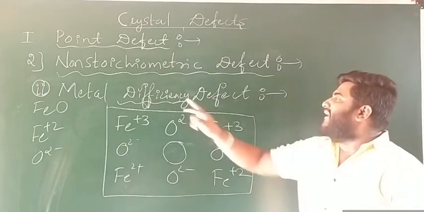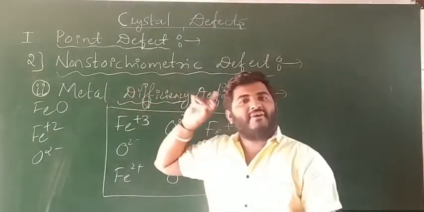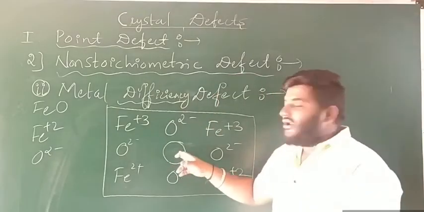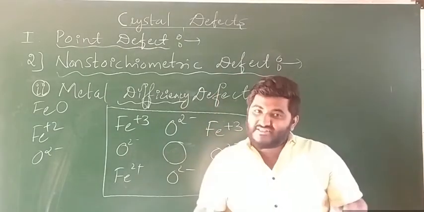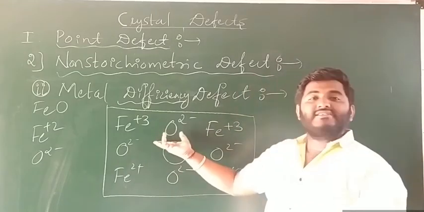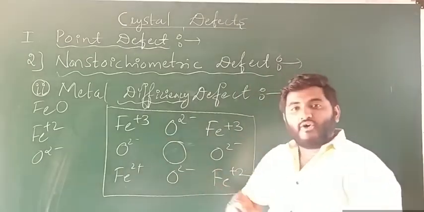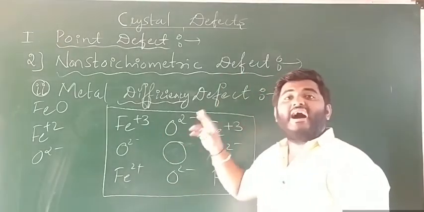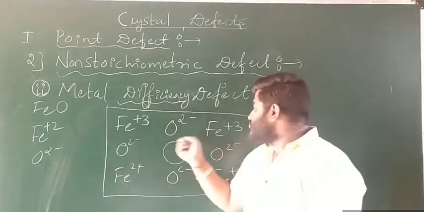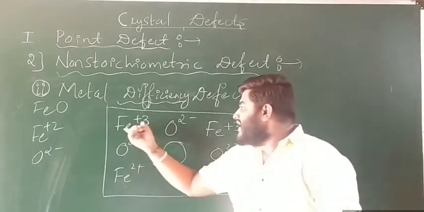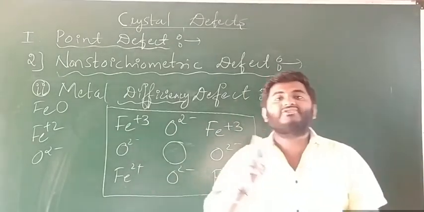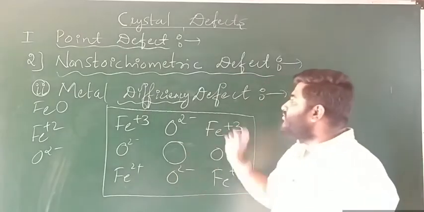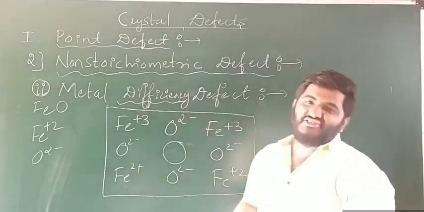So metal deficiency defect is a non-stoichiometric defect in which metals of lower valency are missing, and the missing charge is maintained by metals converting into the higher valency. So Fe2+ gets converted into Fe3+ so that the +2 charge can be balanced.